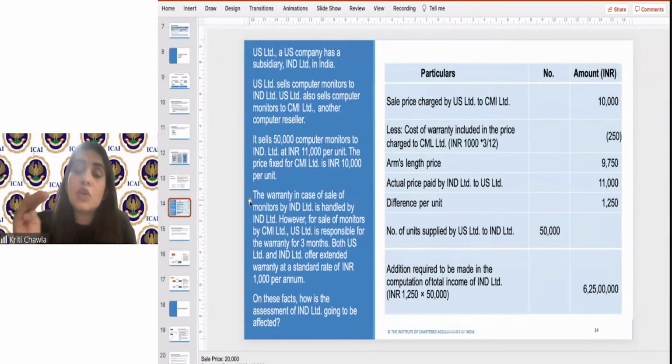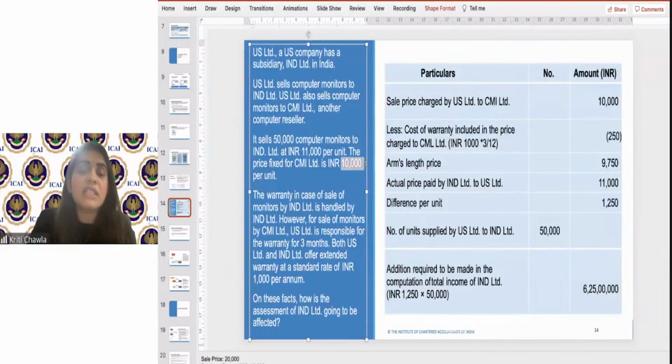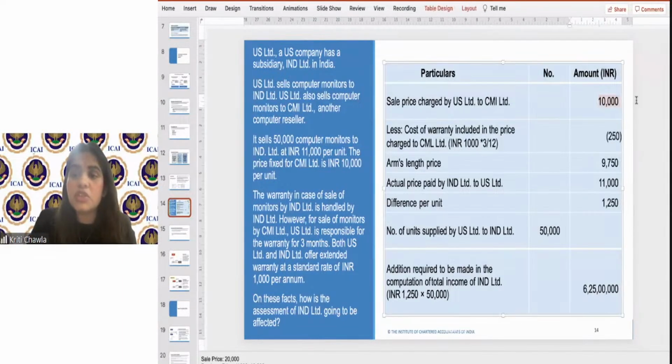How is a CUP question to be dealt with? You start with the comparable uncontrolled price. In this situation, the comparable uncontrolled price is the price charged by independent parties, which is 10,000 rupees. So you start with 10,000 rupees, and now we'll have to make adjustments. The first adjustment that we'll make is of the cost of warranty.